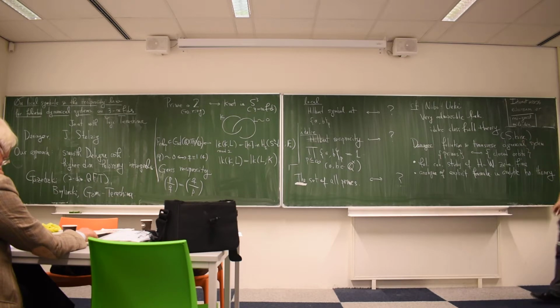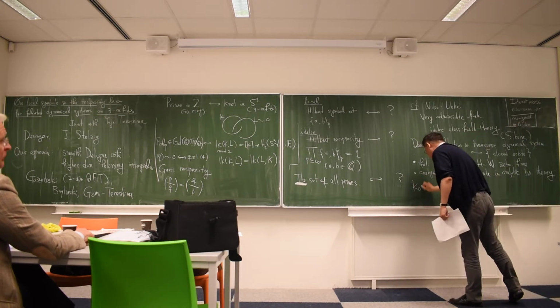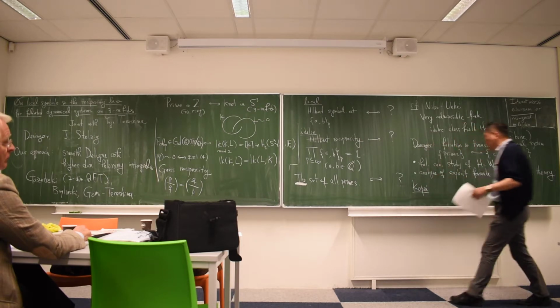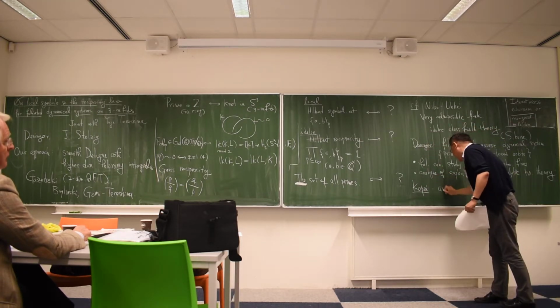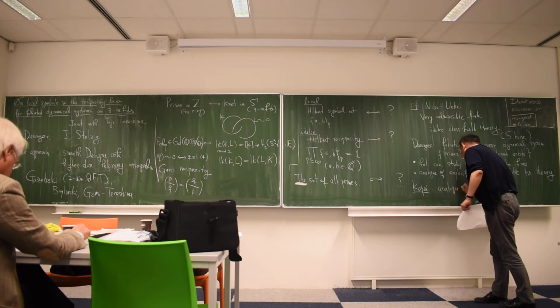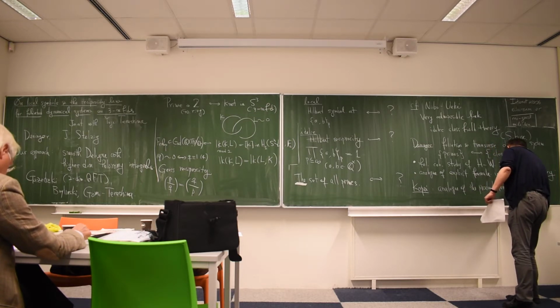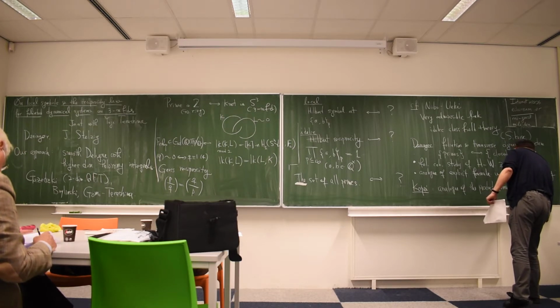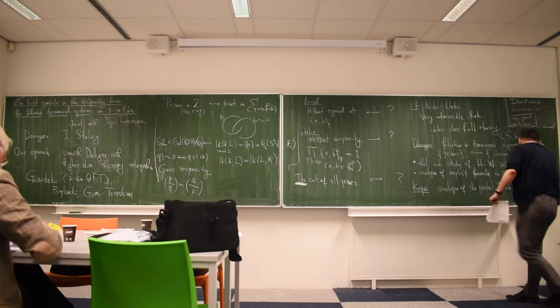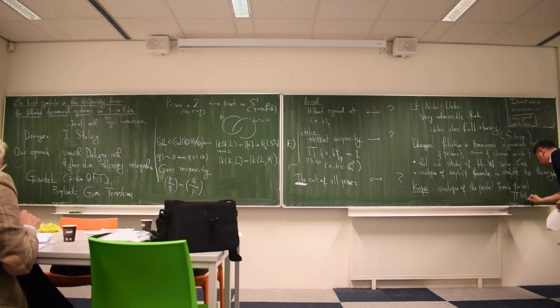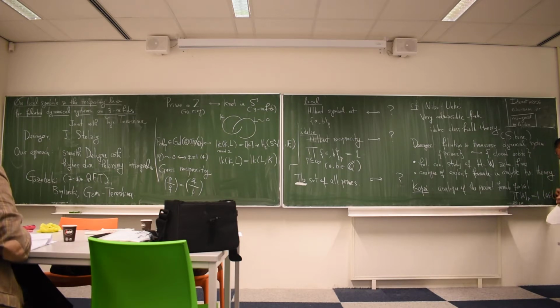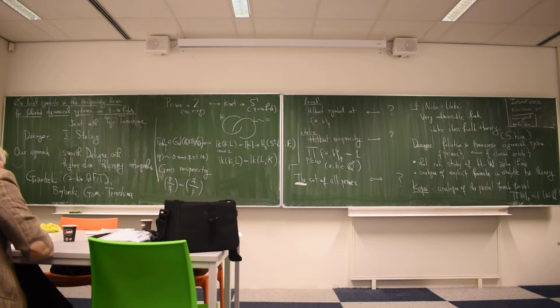And also his student, Koopai, showed an analog of the product formula for valuations in the context of Deninger's theory.